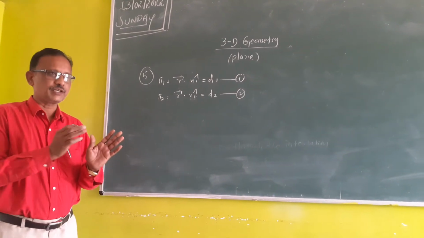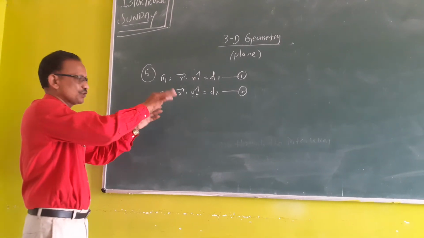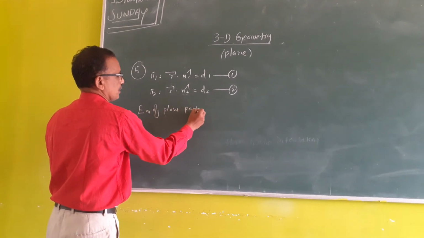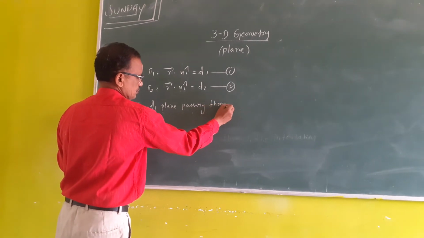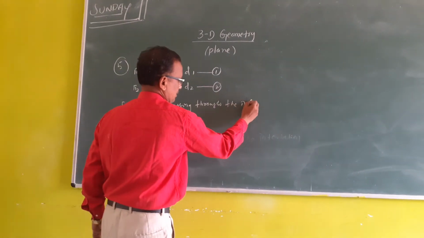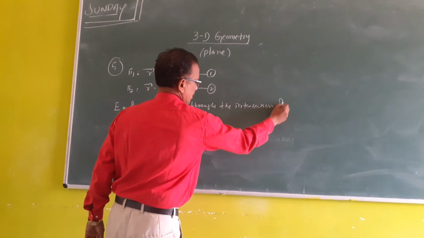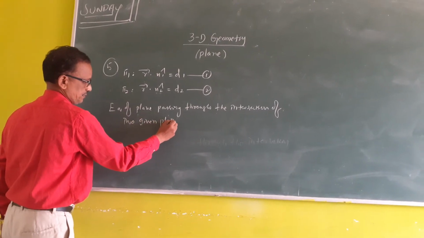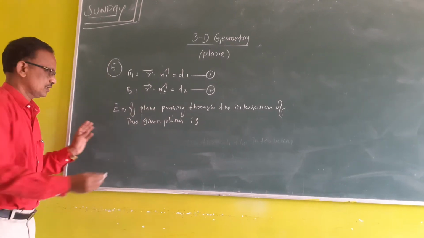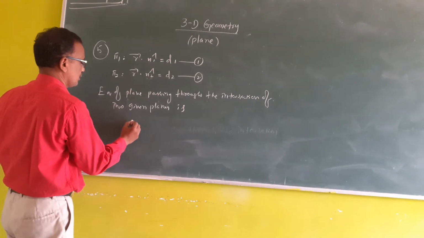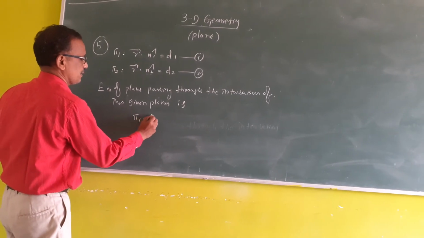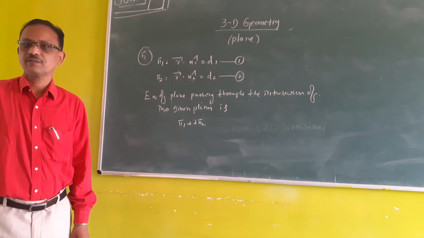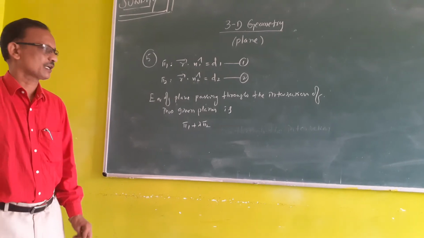Next, the equation of the plane passing through the intersection of these two planes is: first plane plus lambda into second plane.